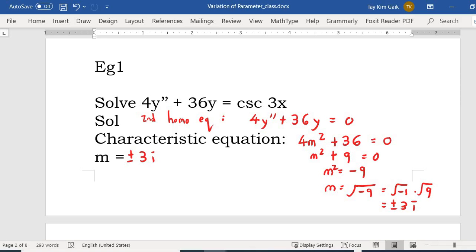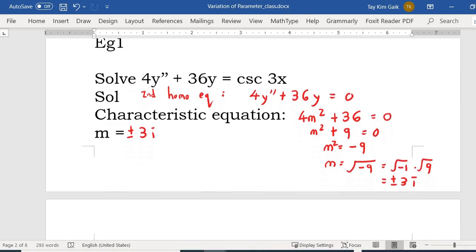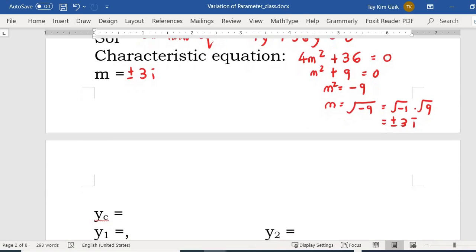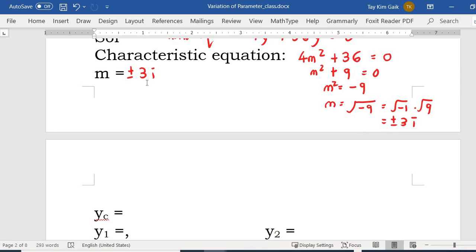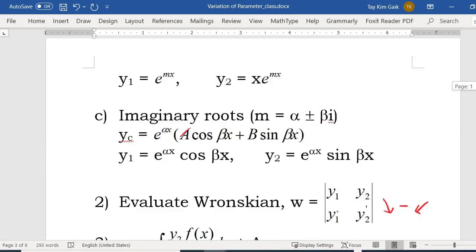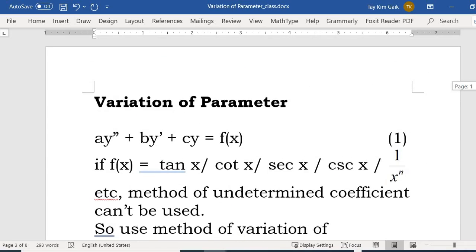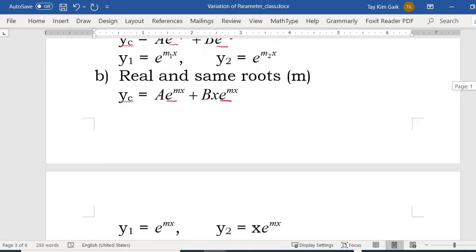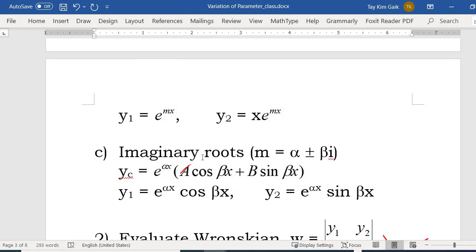So what is the yc? This is the third case, complex roots. So what is the yc? If you cannot remember, look back at the formula for imaginary roots.